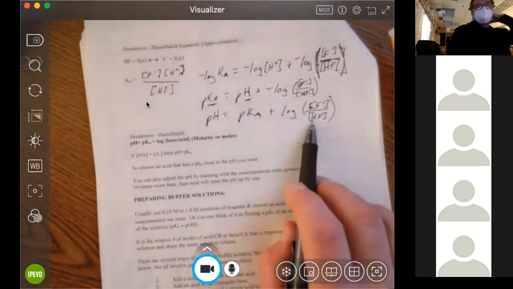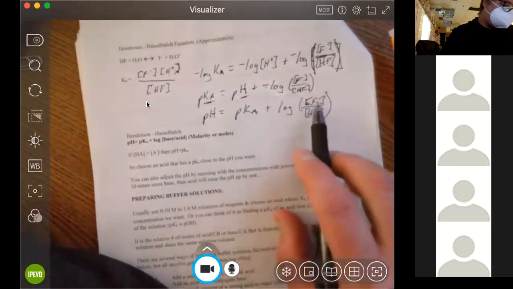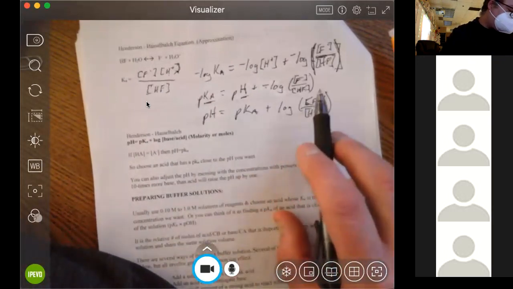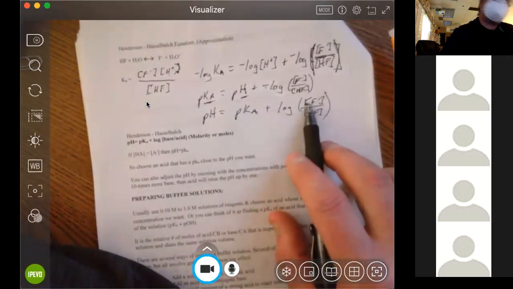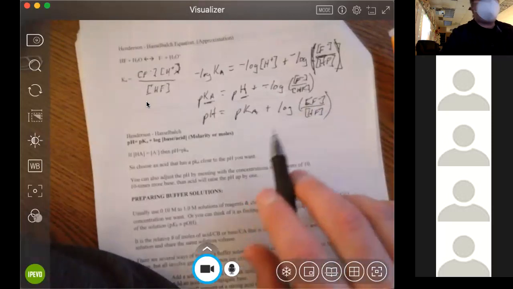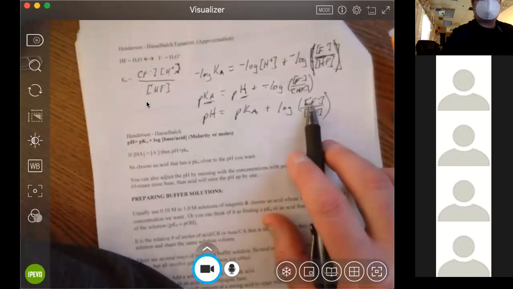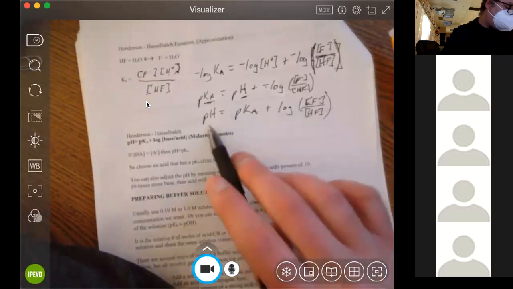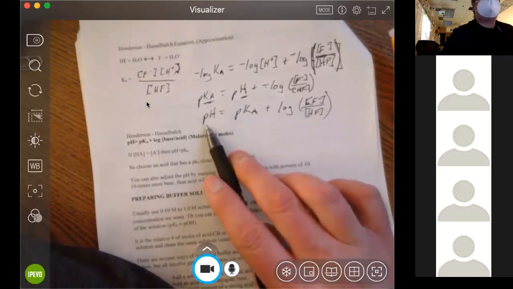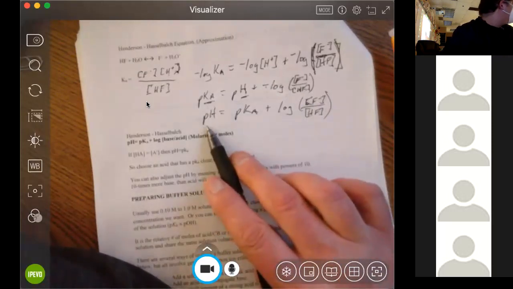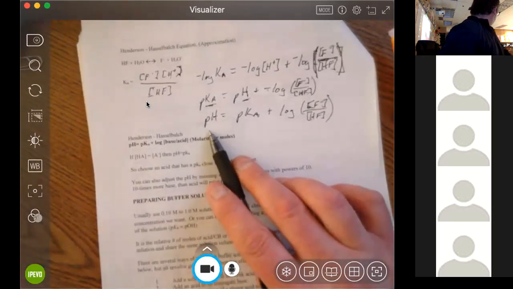Now the cool thing is, let's say that you increase the concentration of the base 10 to 1, then you would change the pH by +1.